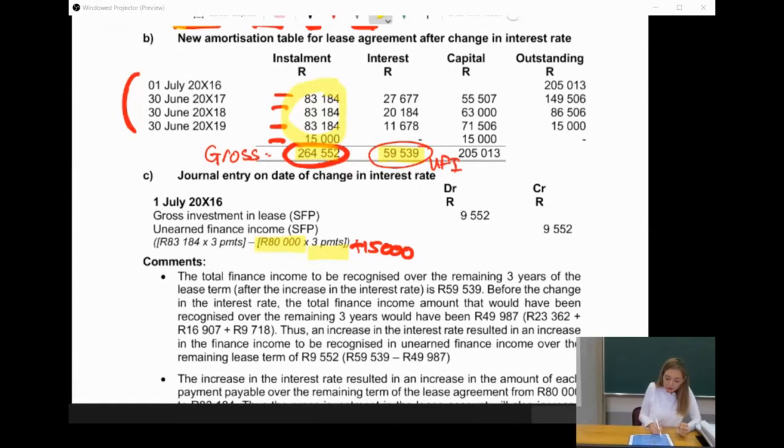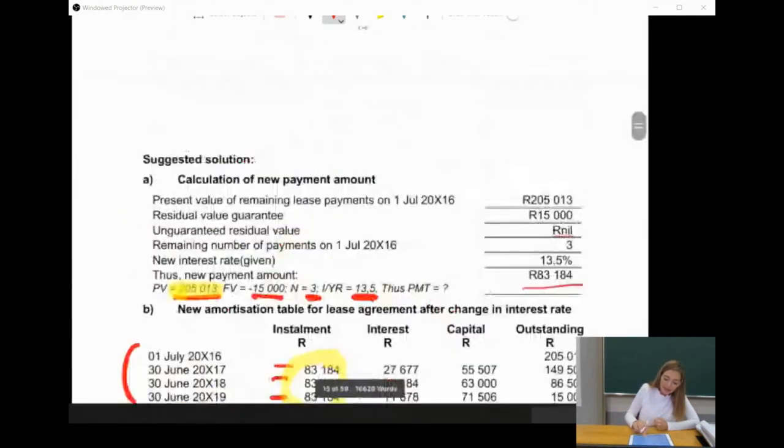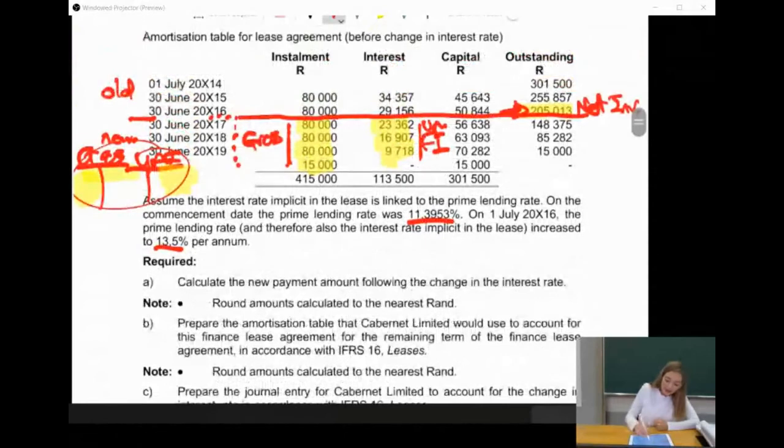And that has now changed to 3 payments remaining of 83,184 for the 3 years remaining. But we also have our 15,000 that's still included in here. So the difference between the two balances will be 9,552 that we have to fix. And you'll see that this 9,552 will also be the difference between the 59,539 over here and the unearned finance income balance that we still had remaining before the change in the rate.